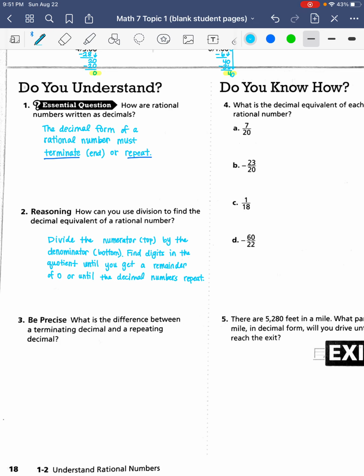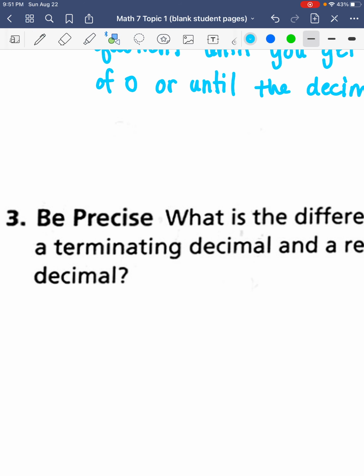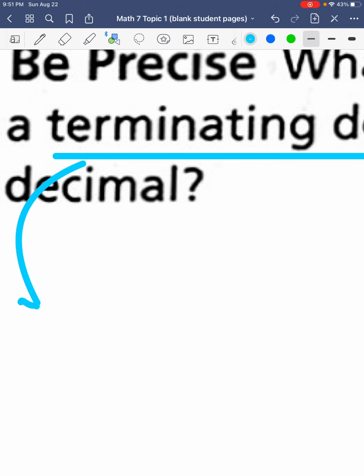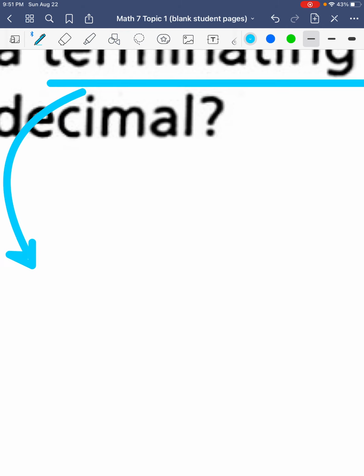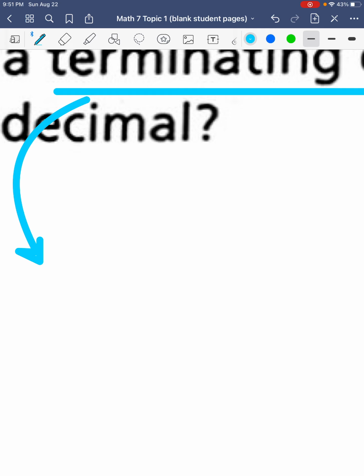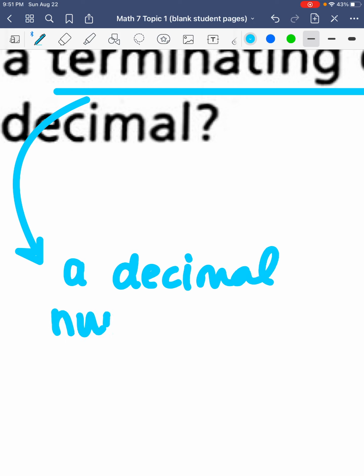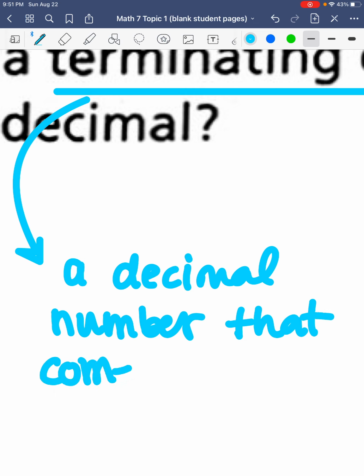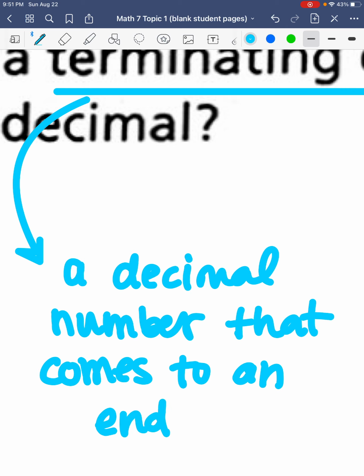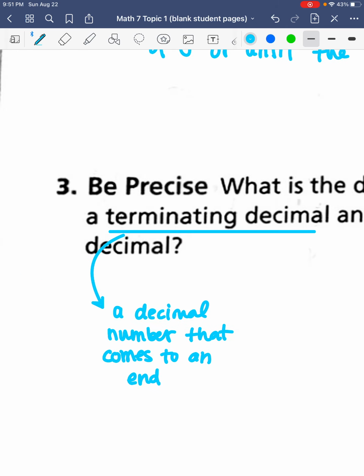Number 3, what is the difference between a terminating decimal and a repeating decimal? Okay, so let's talk about a terminating decimal first. So a terminating decimal is a decimal number that comes to an end. Okay, that's what it means to be terminating.